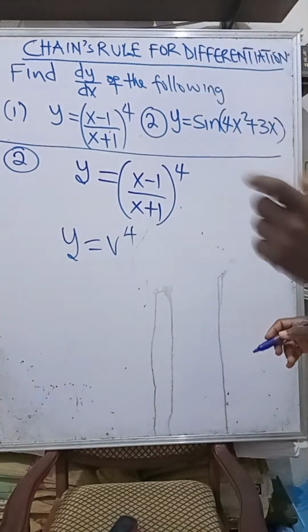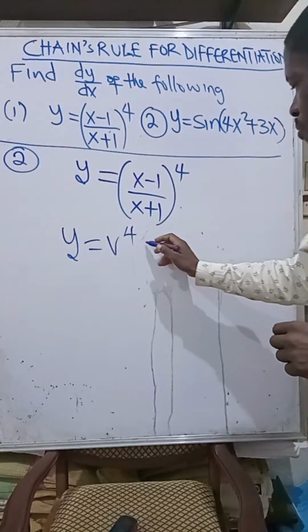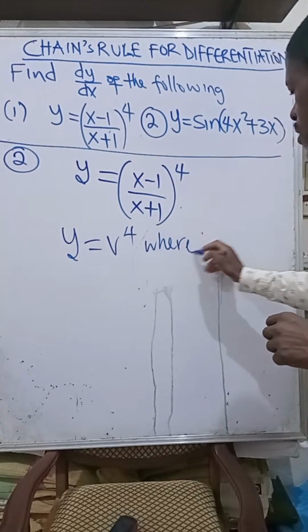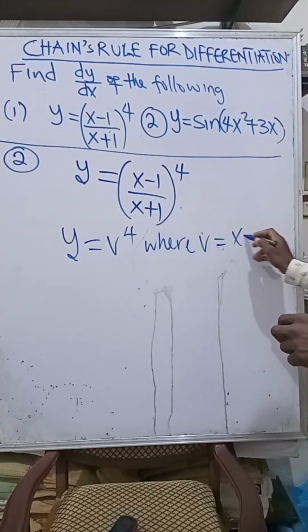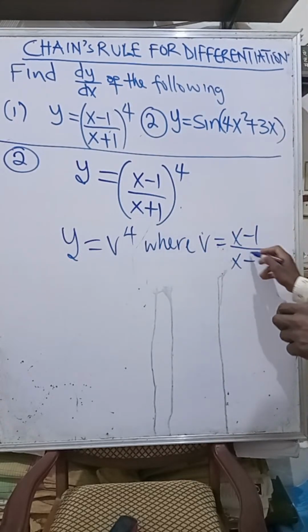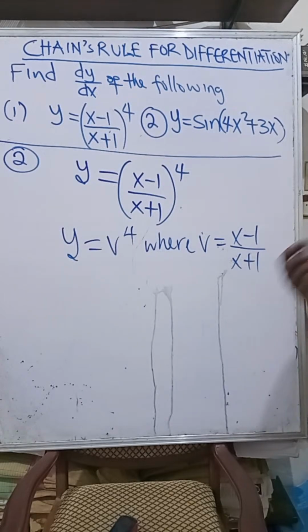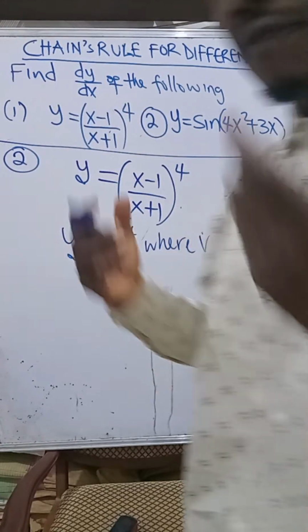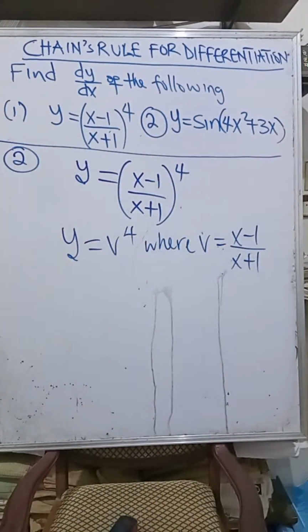Call it v, where your v is x minus 1 over x plus 1. It makes it easier. Give that fraction a letter to avoid making mistakes.